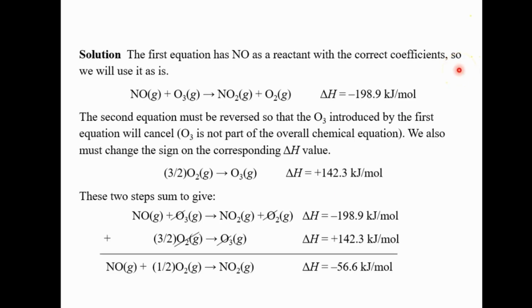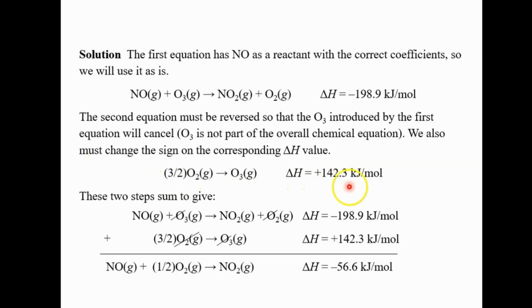So we have NO as a reactant with the correct coefficients, so we write this equation just as is. The second equation must be reversed so that the ozone, O3, introduced by the first equation will cancel. O3 is not part of the overall chemical equation.